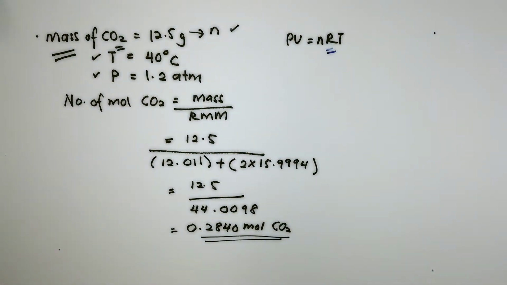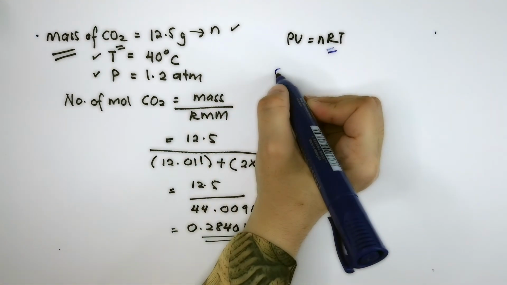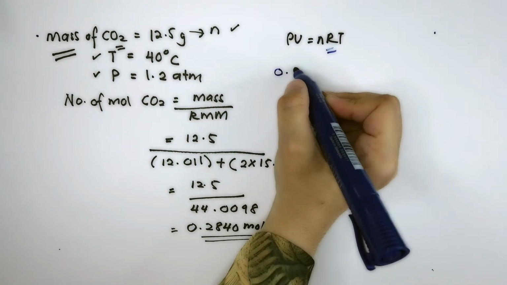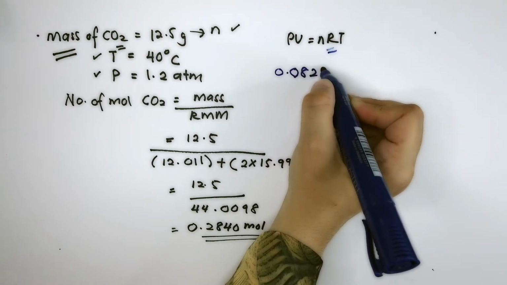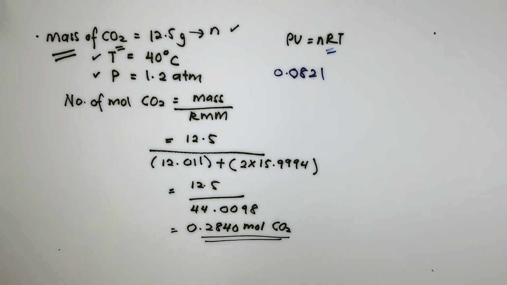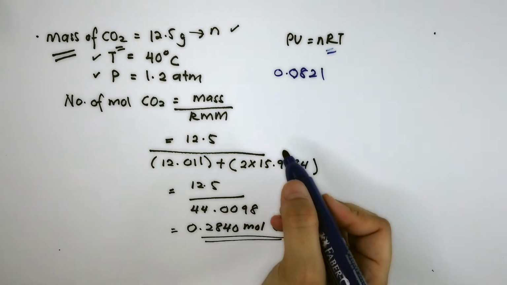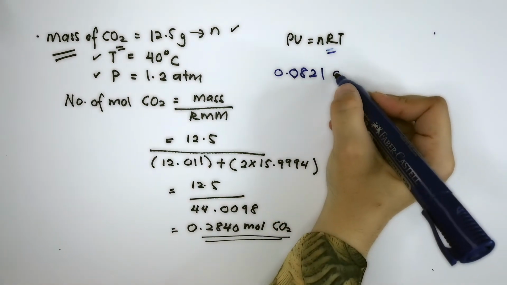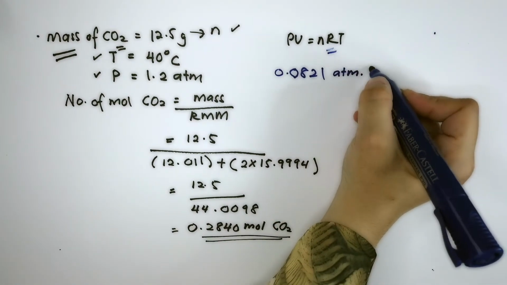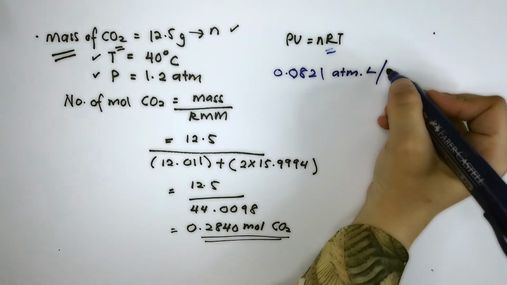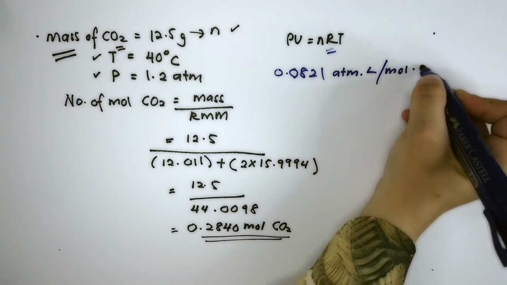So R is a constant value, which is 0.0821. Okay, another thing that is so important about this value is the unit. So the unit shall be in atm, liter divided by mole, Kelvin.